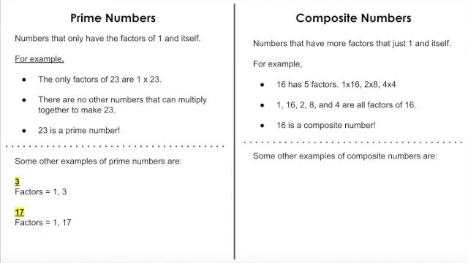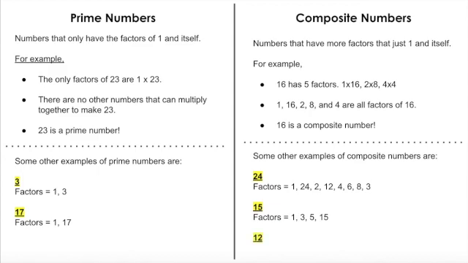So some other examples of composite numbers are 24. 24 has a lot of factors, right? The factors of 24 are 1, 24, 2, 12, 4, 6, 8, and 3. So 24 is definitely a composite number. 15 is a composite number because its factors are 1, 3, 5, and 15.